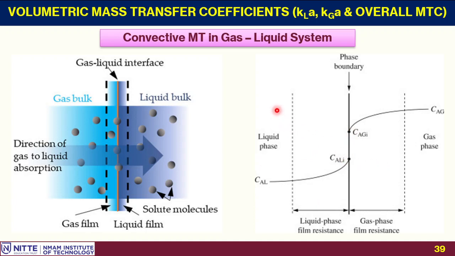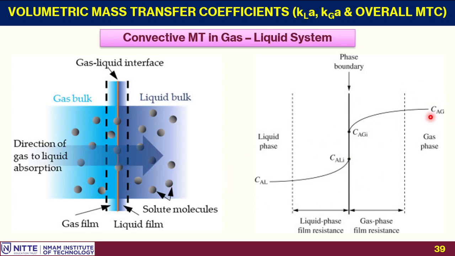If the mass transfer takes place from liquid to gas, it is just the inverse. That is, the liquid side will be higher and the gas side will be lower. So depending upon the direction of mass transfer, the starting part will have a higher concentration profile than the ending part.